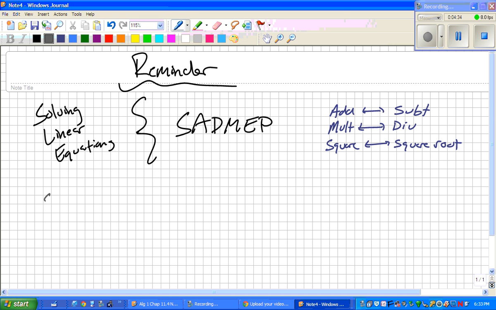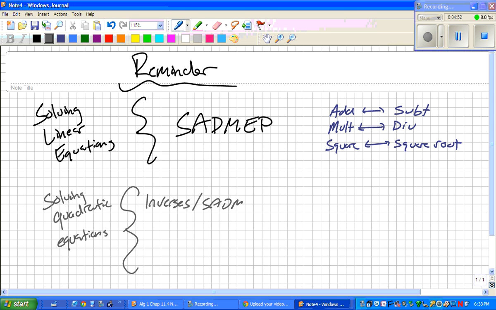But if you were solving quadratic equations, we can use inverses and SADMAP. There's factoring, and there's also the quadratic formula.